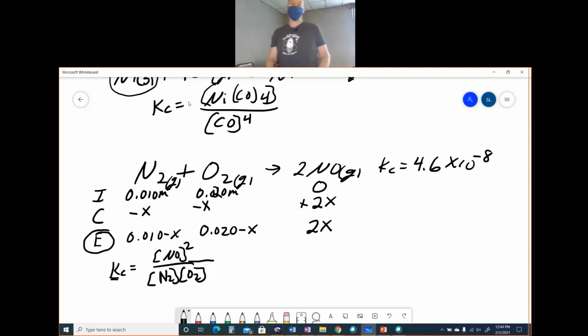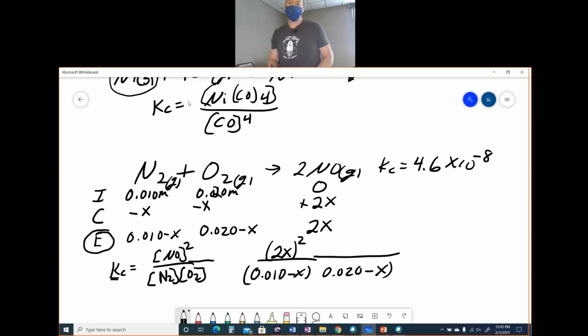So if you're putting initial in, you can put that in on a Qc. When you're putting in equilibrium, that is a Kc. So we plug in what we have. For NO, we have 2x, and it is squared. For the N2, we have 0.010 minus x. And for the O2, we have 0.020 minus x. And we are given the value of 4.6 times 10 to the minus 8.